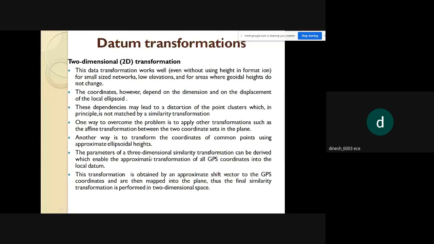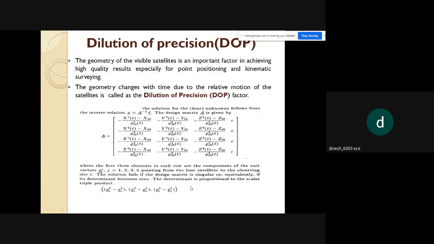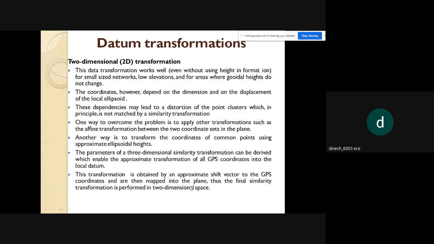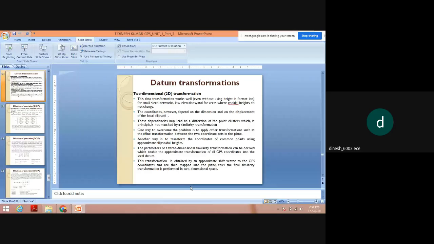So the parameters of three-dimensional similarity transformation can be derived, which enables the approximate transformation of all GPS coordinates into the local datum. This transformation is achieved by an approximate shift vector to GPS coordinates and then mapped into the plane. And finally, the similarity transformation in two-dimensional space. But this is about your two-dimensional transformation, 2D and 3D.